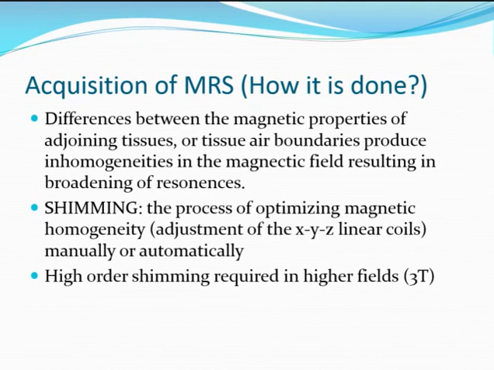So 3 Tesla will give you better images with better shimming. Sometimes I say shimming is just like car balancing. You need to balance the car so that it goes straight. You do the balance for the MRI.